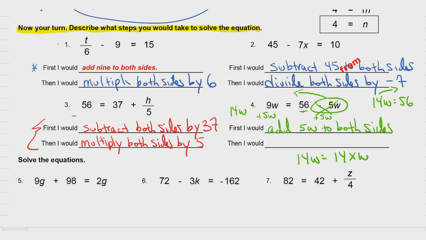And if you move it to the opposite side, you have to do the opposite operation, which means you would have to divide both sides by 14. And then you would have w by himself on one side and the numbers on the other. So it says right here, then I would divide both sides by 14. Let me erase that really quick so you can see it clearly.